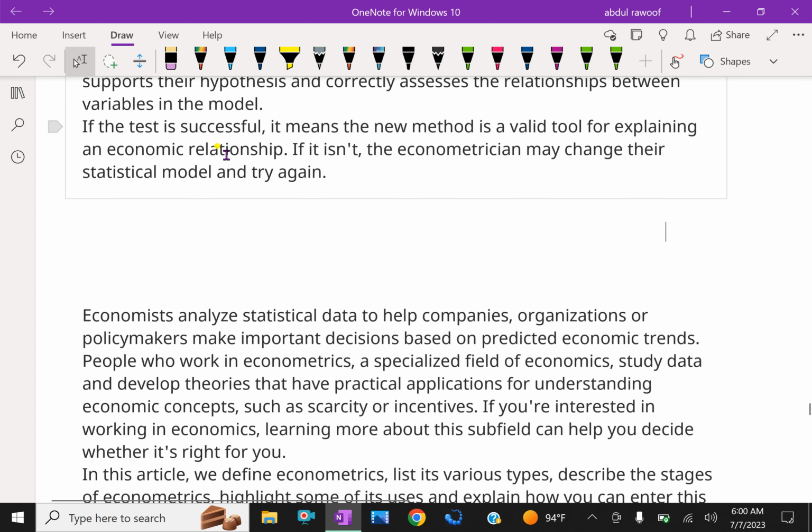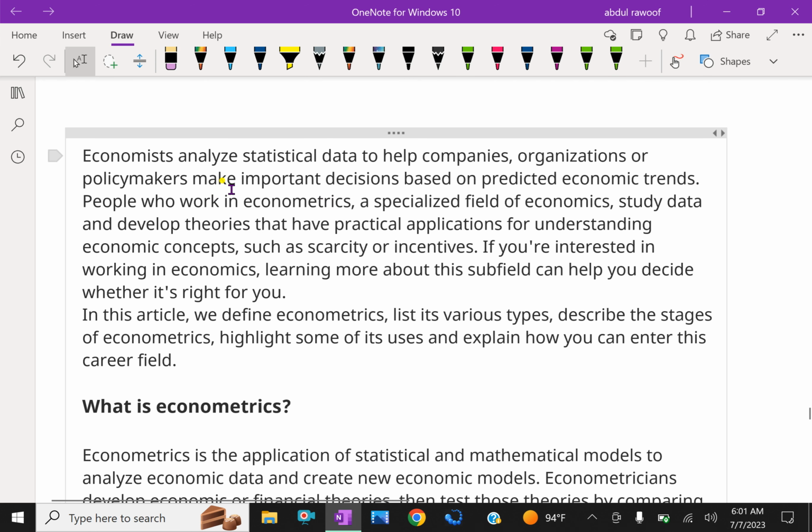If the test is successful, it means the new method is a valid tool for explaining an economic relationship. If it is not, the econometricians may change their statistical model and try again.